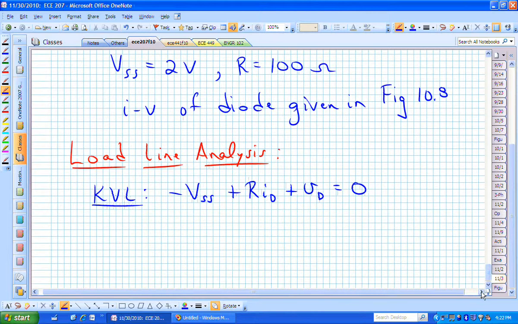If that's the case, we can now solve this for one of those unknown quantities. Let's solve that for I sub D. If we solve this for I sub D, we now have isolated I sub D on the left and moved all the other terms onto the right-hand side and divided both sides by R. We now have minus 1 over R times V sub D plus 1 over R times V sub SS.